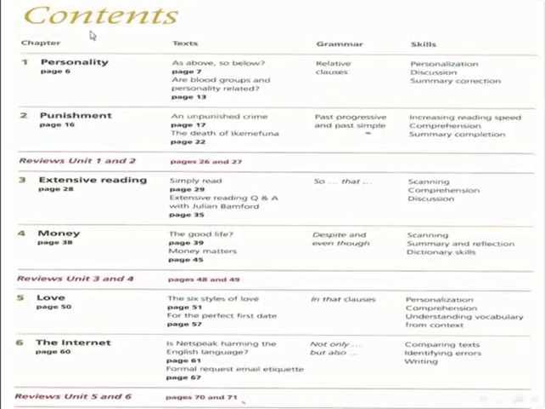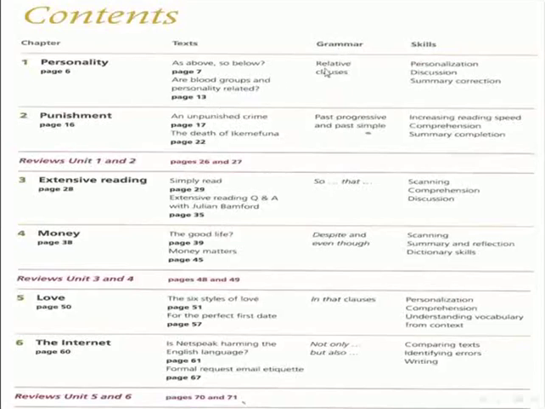First we start with the contents. Chapter 1 or Unit 1, Personality, page 6. The texts or the topics: As Above, So Below on page 7. And here we have topics: Are Blood Groups and Personality Related on page 13.